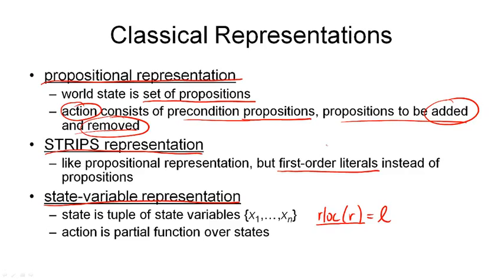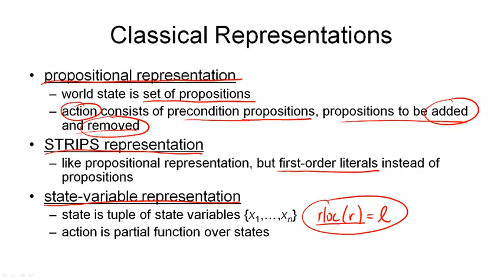So in the STRIPS representation, at least in theory, you can have several assertions of where the robot might be. In the state variable representation, the functional property, namely that the robot can only be at one location at a time, is exploited. Actions in this representation are simply described by sets of preconditions that look like expressions like this, and assignments of new values to these state variables like this one.